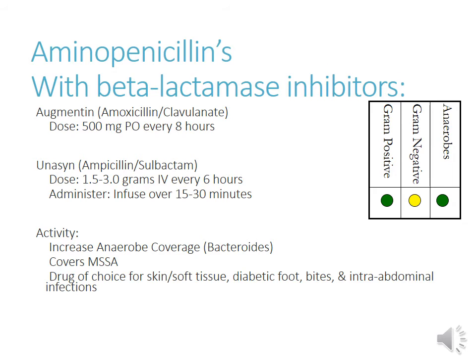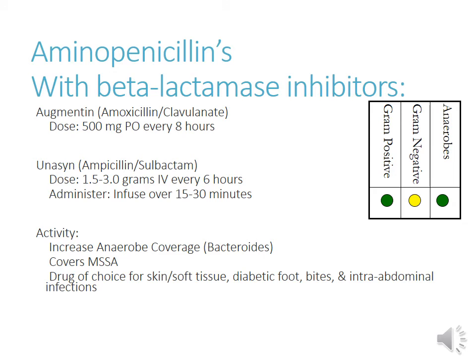The nice thing is this increases the anaerobic coverage, which means now it's going to start to cover Bacteroides. It will cover MSSA, methicillin-sensitive Staph aureus. And in a lot of cases, you'll see this being used for skin and soft tissue infections, especially if you're worried about anaerobic bugs being there as well.